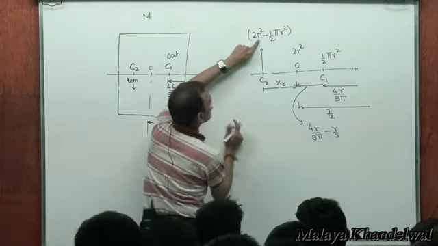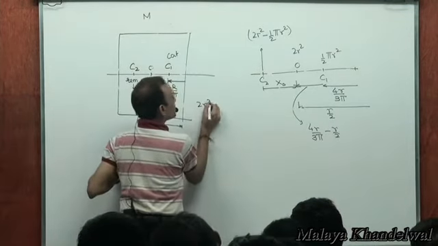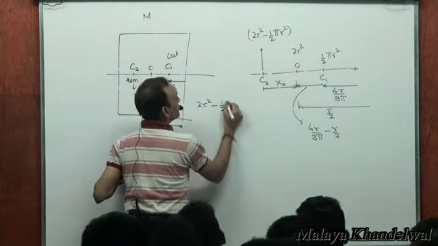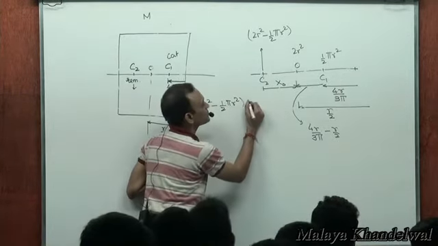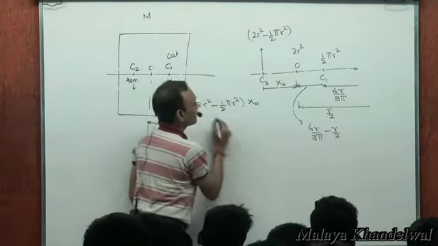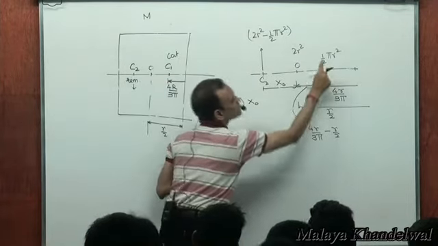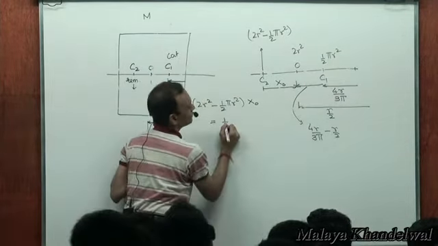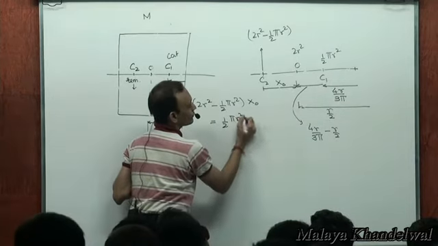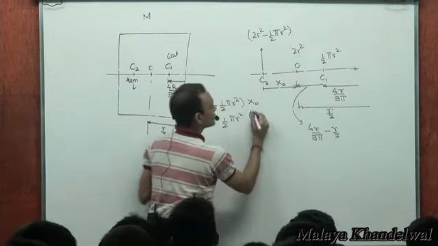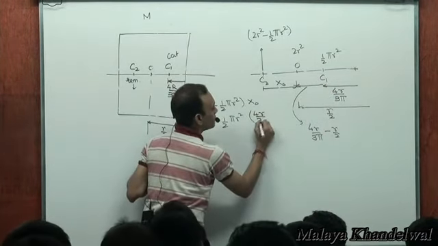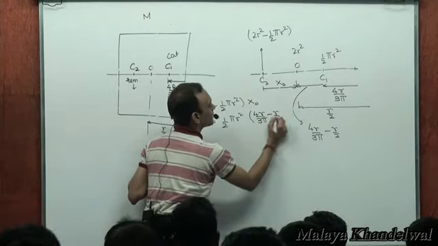So then this mass, which is 2r squared minus half of pi r squared, into the amount x naught by which it shifts to the left, must be the mass of this, which is proportional to half pi r squared, into this length, which is 4r by 3 pi minus r by 2.